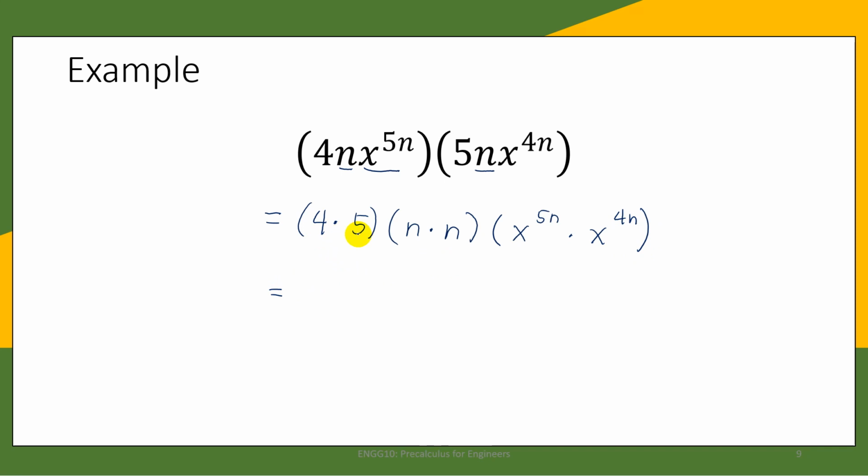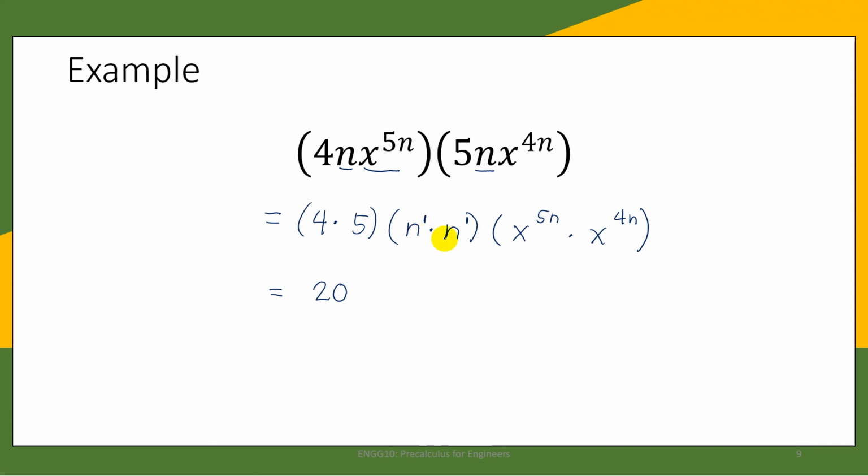Simplifying, 4 times 5 is 20. n times n is, what do you think is the exponent here? Okay, there is an invisible exponent 1 for this one. Remember your high school math, we don't need to write the exponent 1. So if it's a variable, it's understood that there is an exponent 1 there, right?